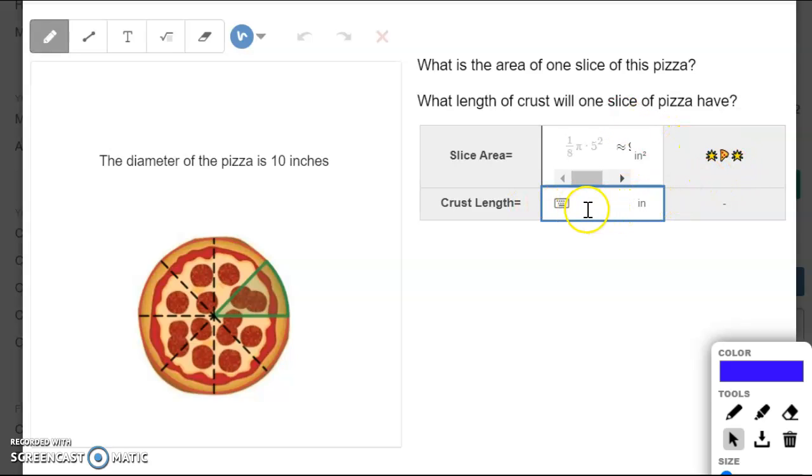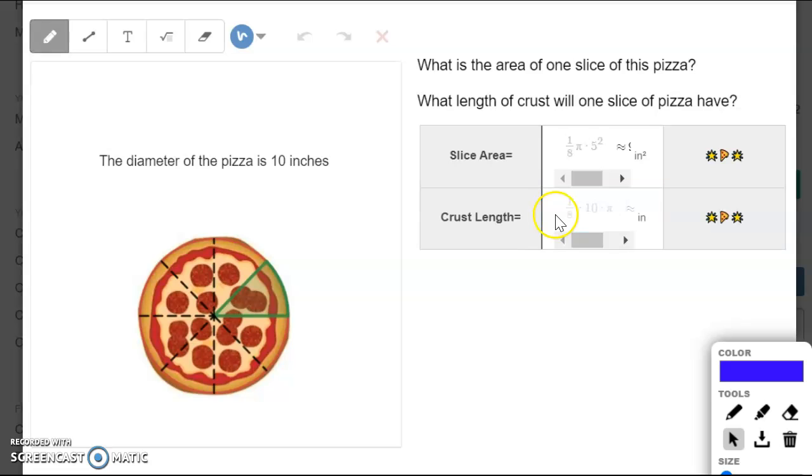That's the correct response. Then for the arc length, the crust, how much crust do I have? I have 1/8 of the total circumference length, and the total circumference length is 2 times pi r, or diameter times pi. So the diameter is 10 times pi is what I want, and I get the correct response there too.